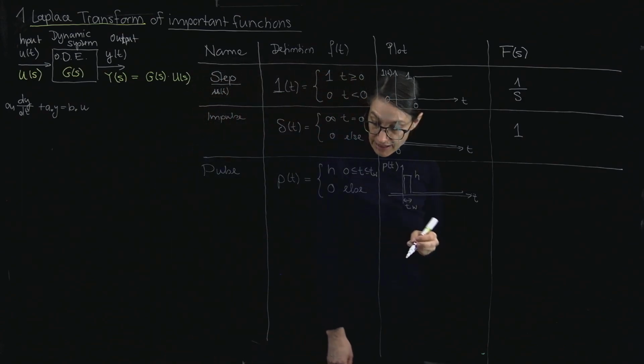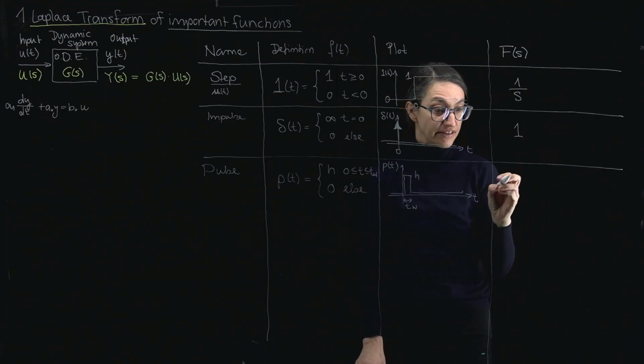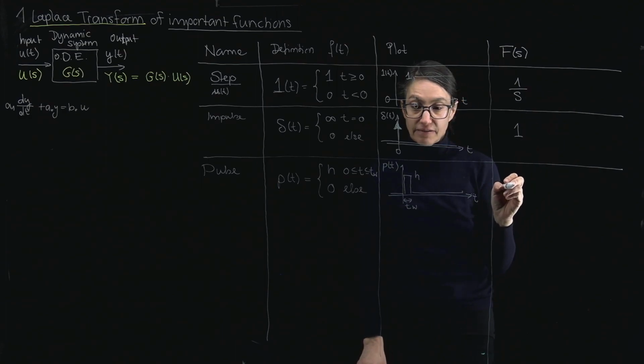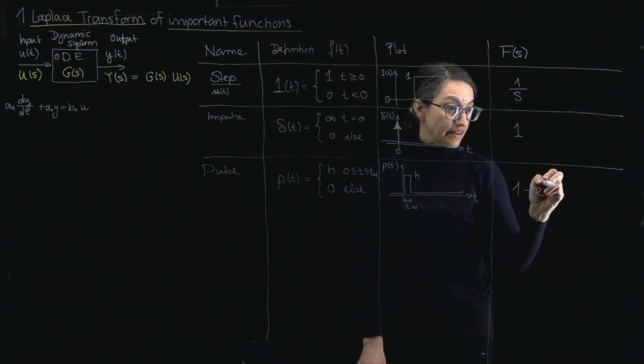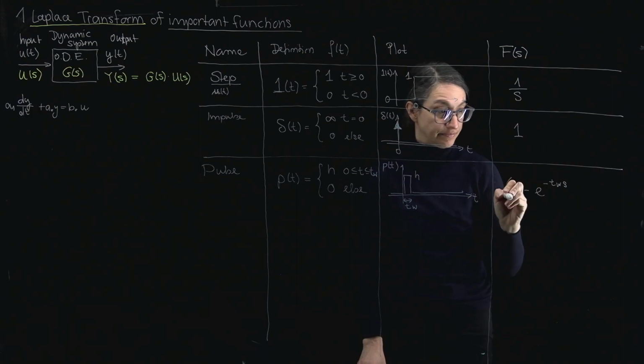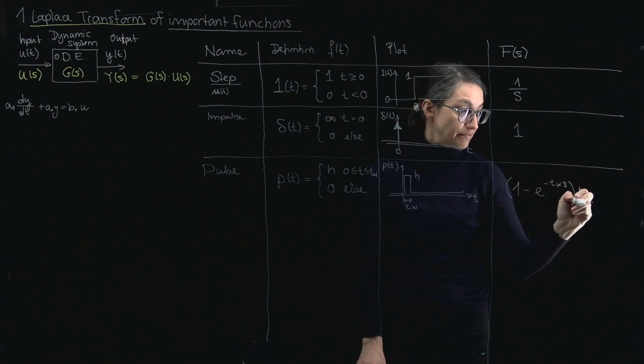And the Laplace transform isn't as nice as it is with these two previous ones. It is 1 minus e to the minus tw s, times h divided by s.